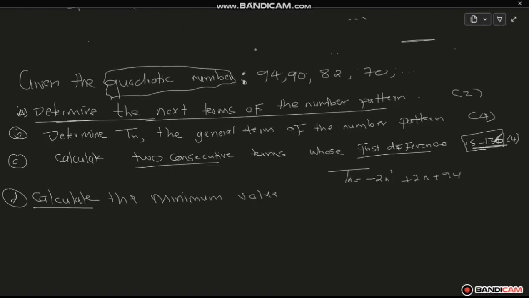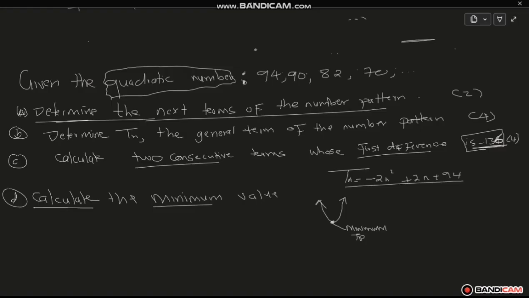Okay, now given the quadratic, they want us to calculate the minimum value. I think I must actually explain this. As you can see, our Tn is a quadratic pattern, a quadratic function, like a parabola. So let's say we have a parabola like this, then this turning point will be known as a minimum turning point.